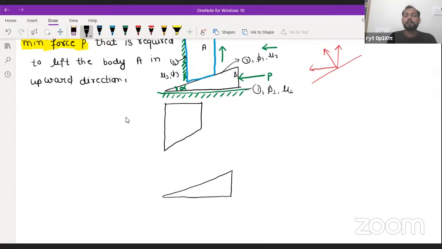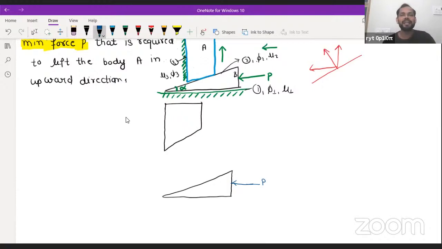Now, how can we solve this question? First we will draw the free body diagram. So identify the first force. This is the force P. Is it okay? This is the externally applied force. Now we will draw the free body diagram at the contact surface. As you know, at a contact surface, 2 types of forces occur.